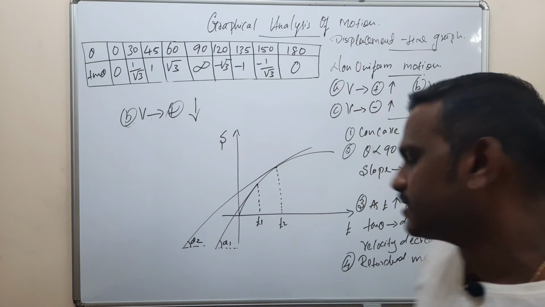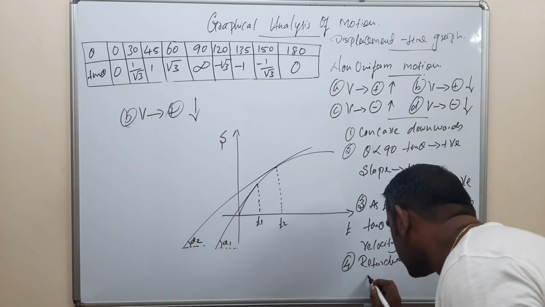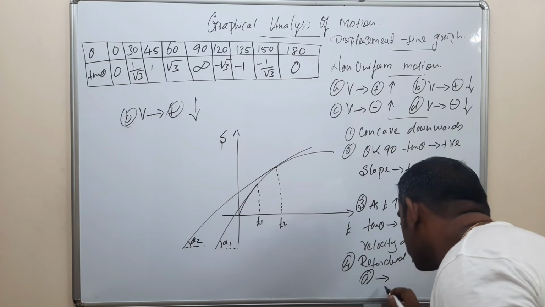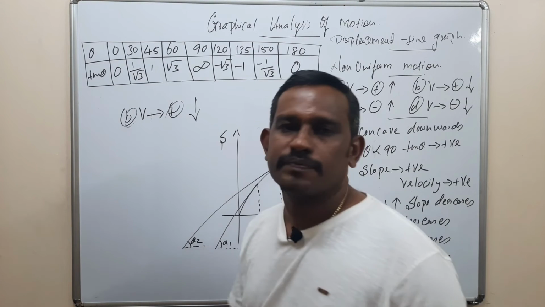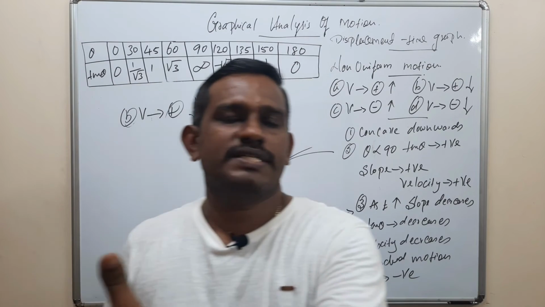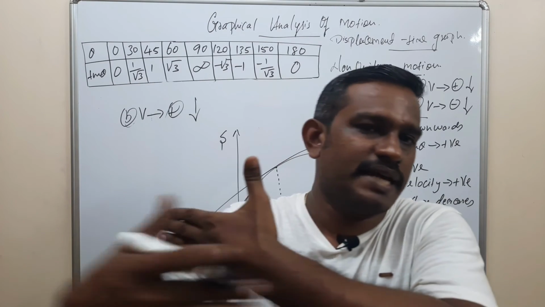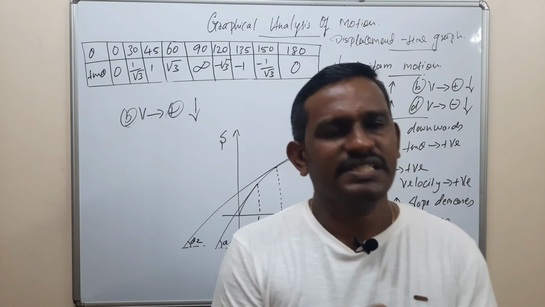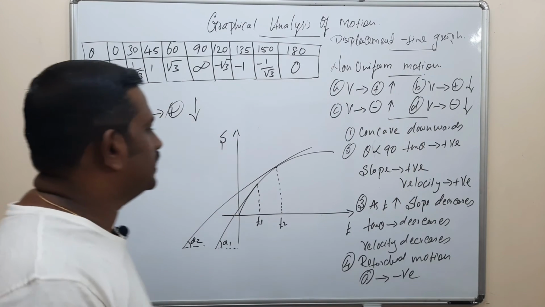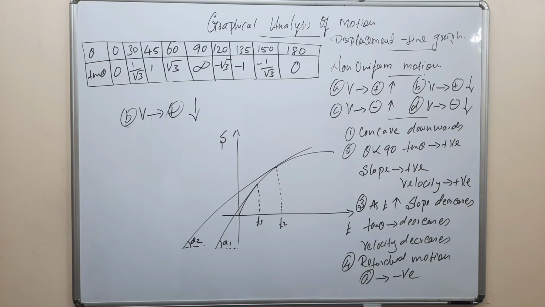So acceleration is negative. Decelerated motion: velocity in this direction, acceleration in this direction. Here velocity is positive, so acceleration should be negative.